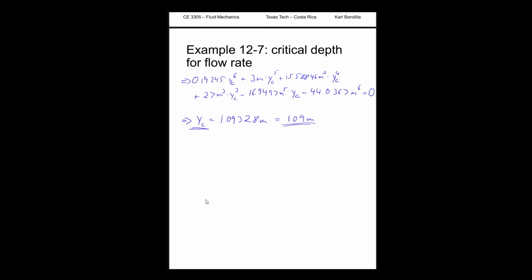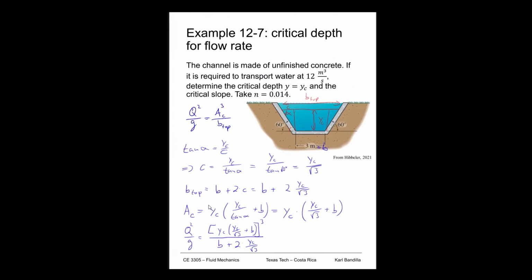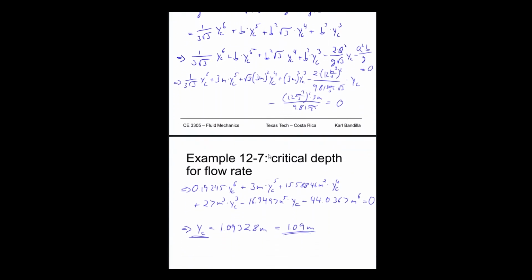All right, so that was our critical depth. Now the question is also, what is the critical slope? For that, we can take our slope formula. We know that SC is equal to n squared times G times AC divided by B top times the hydraulic radius, critical, raised to the 4/3 power.